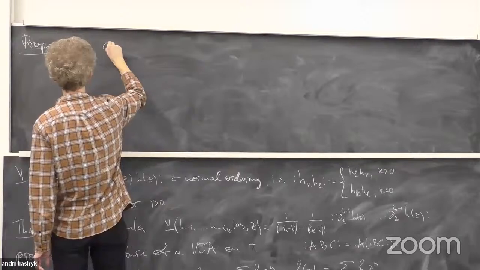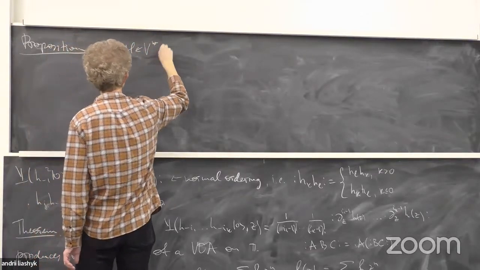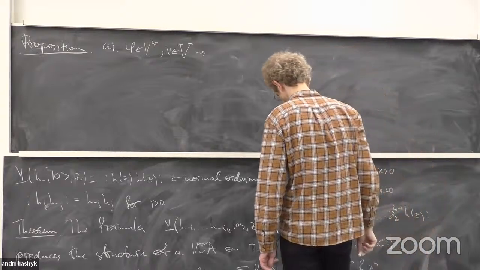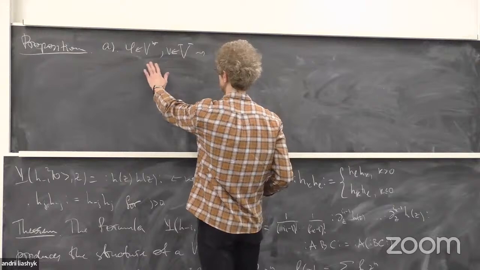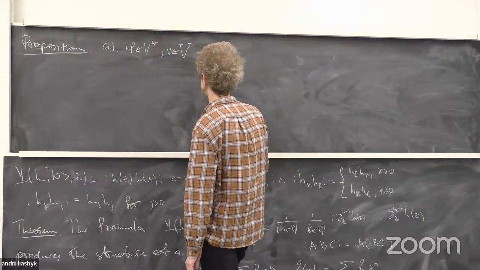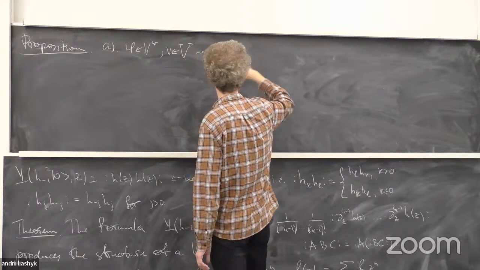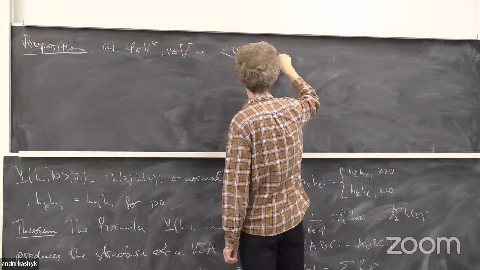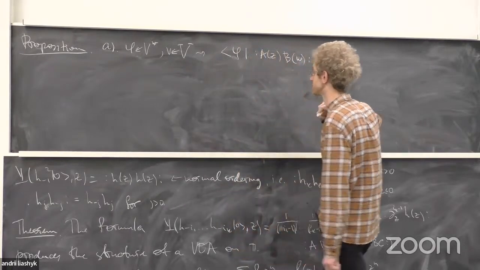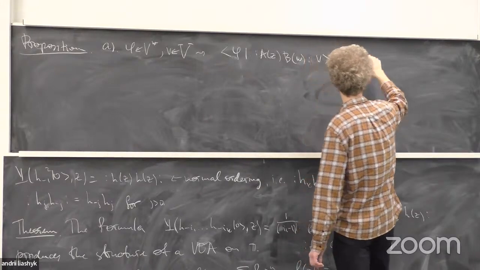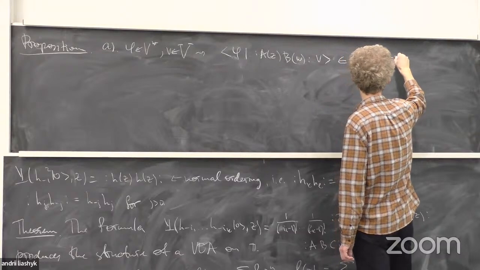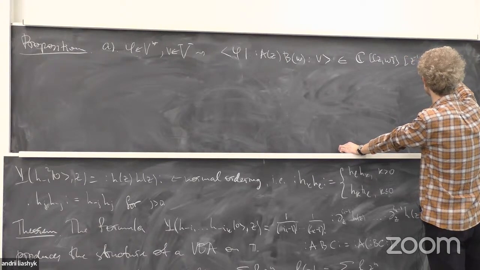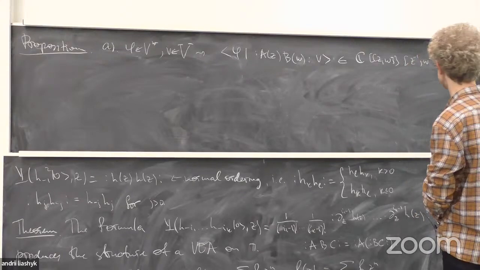The first thing is that if you take phi from V star, v from V, then we can take the matrix coefficient, just apply it to v, and the result is in Q of z, w, applied to the inverse z and inverse w.